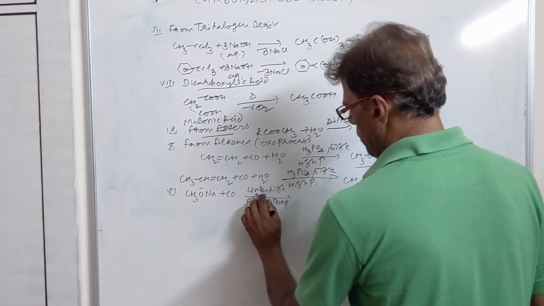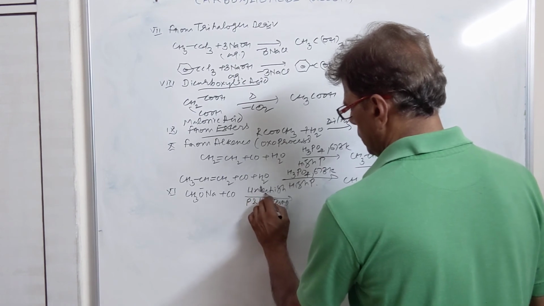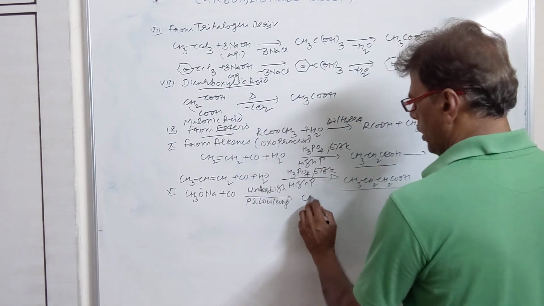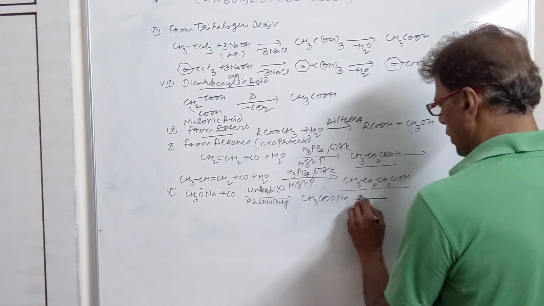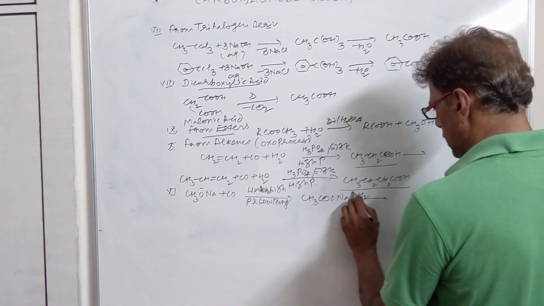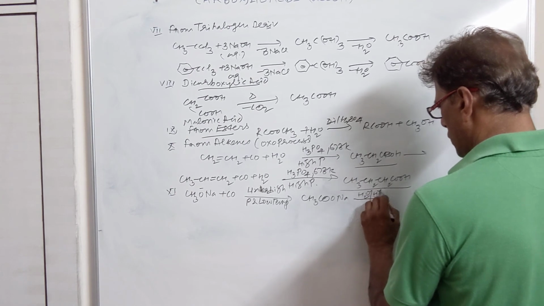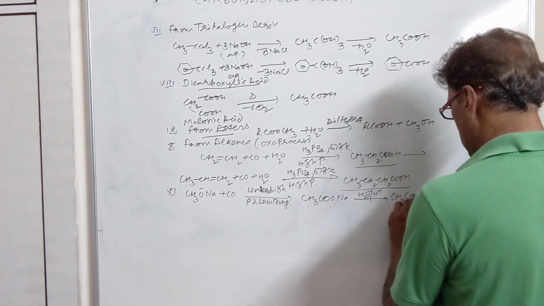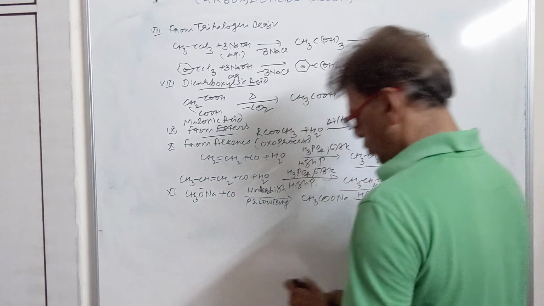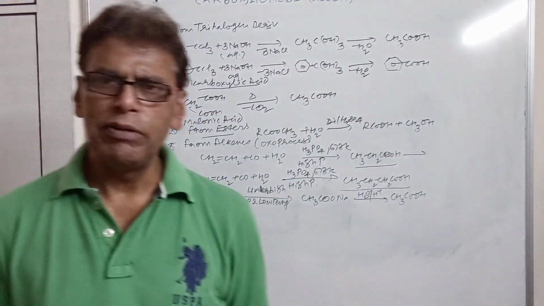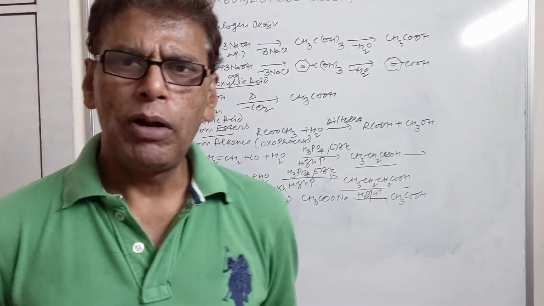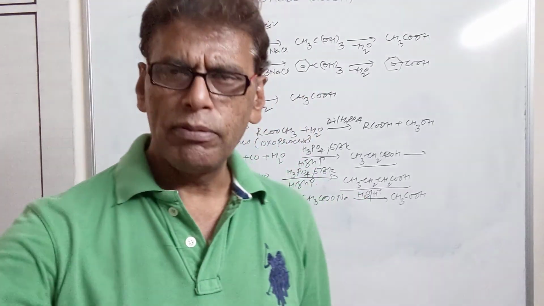So you will get CH3COONa, which is hydrolyzed with dilute HCl. You will get CH3COOH plus NaCl. So these are the methods of preparing carboxylic acid. Then we come to the physical properties and chemical properties of carboxylic acid.